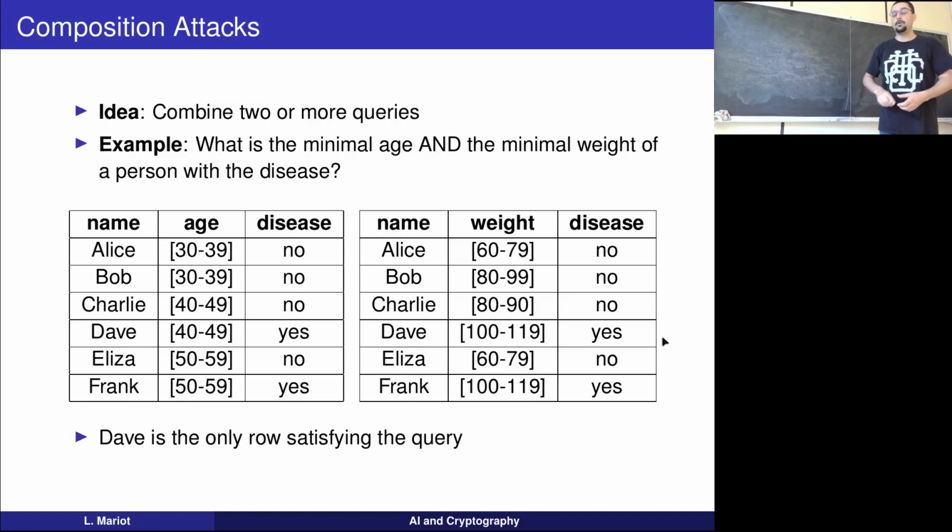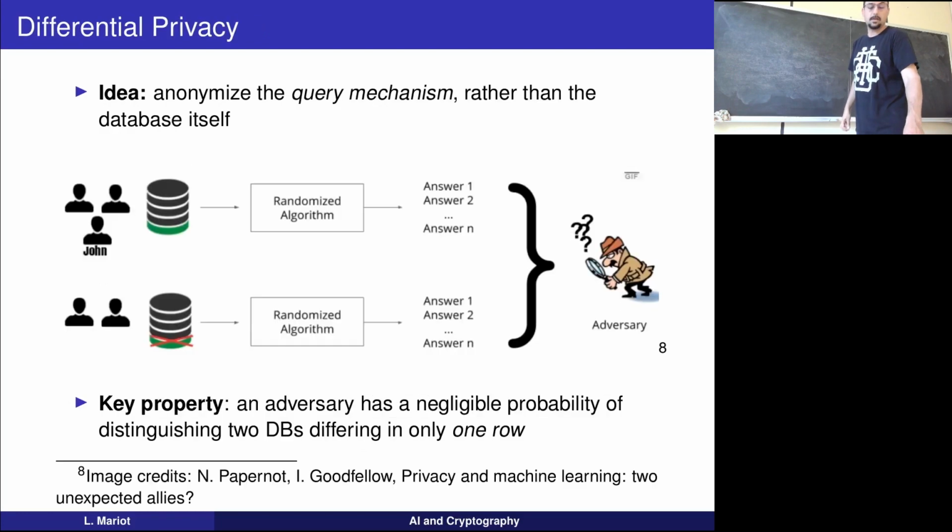So since this is the only row, you can generalize this attack also to larger data sets where you have a lot more rows that are indistinguishable among themselves with k-anonymity, because you have a k larger than 2. So k-anonymity is not robust with respect to this kind of attack. The question is now, how do we do something that is more robust in a certain sense?